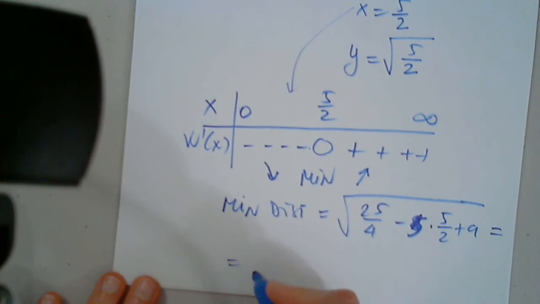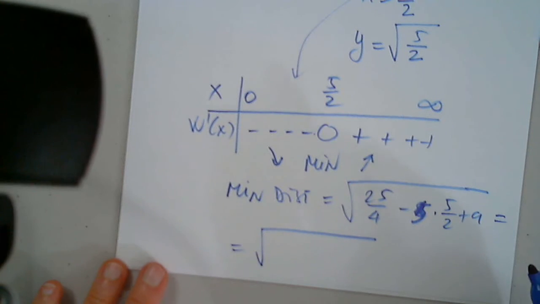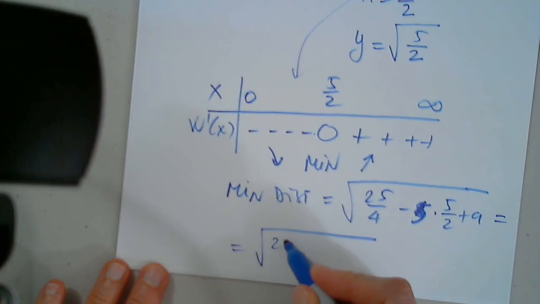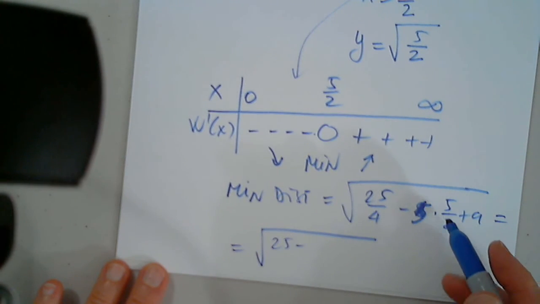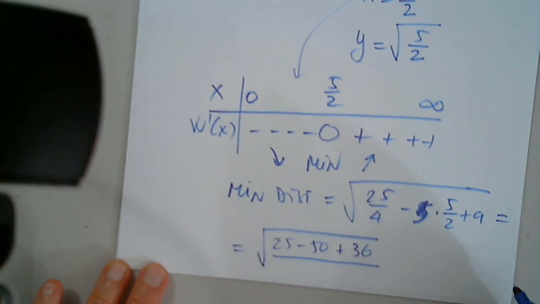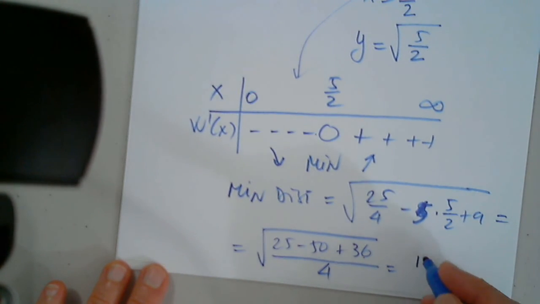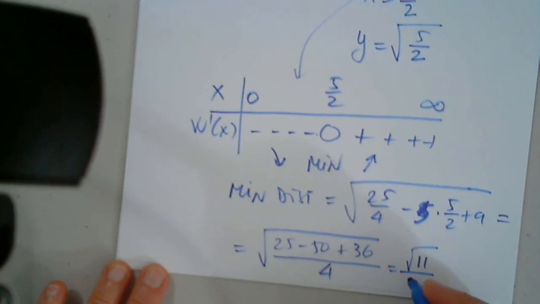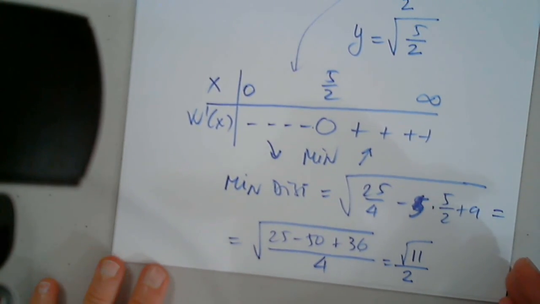So let's see, what do I have? It's 25, and it's minus 50, and it's plus 36, this was 9, yes, divided by 4. So this is negative 25, 36 minus 25 is 11, divided by 2. And that would be the minimum distance.